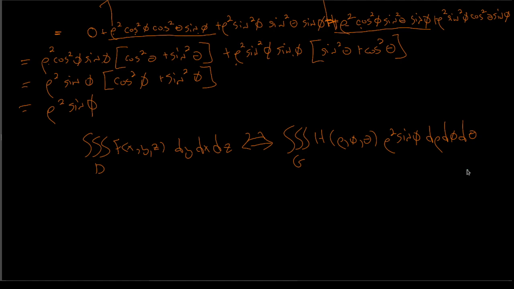So the Jacobian works for moving our boundaries between coordinate systems.